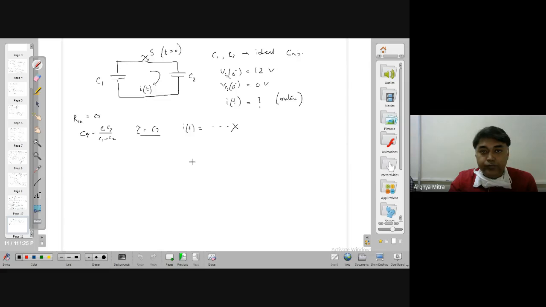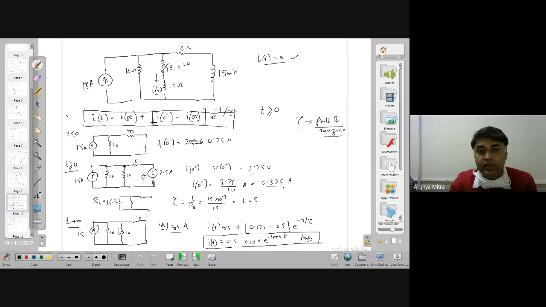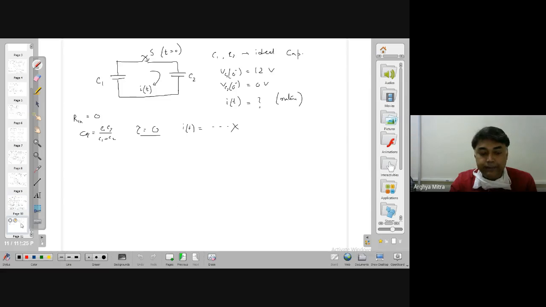So what do you need to do? Then you go for a Laplace. If you can't apply this equation in the time domain, then you go for a Laplace. So for Laplace, how can I convert it? C1 has some initial voltage, so it will have a voltage source, and this has 0 voltage, so it doesn't have a voltage source.